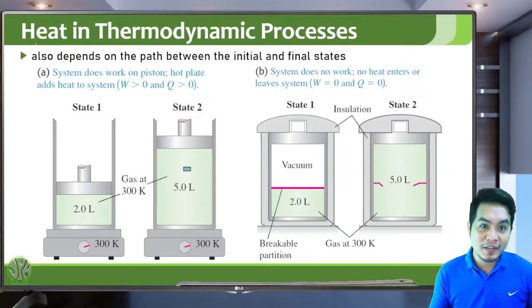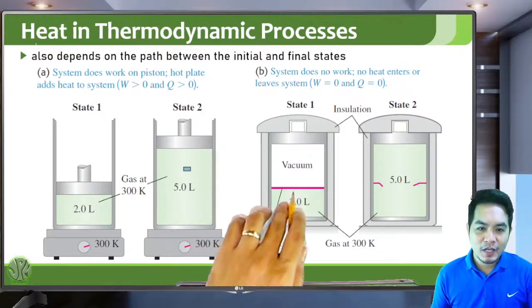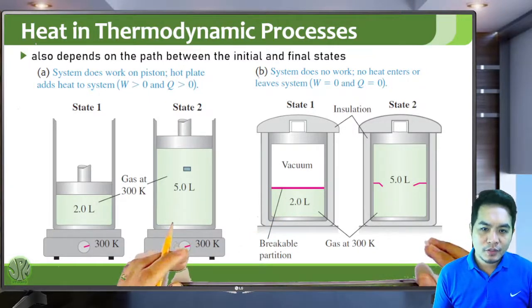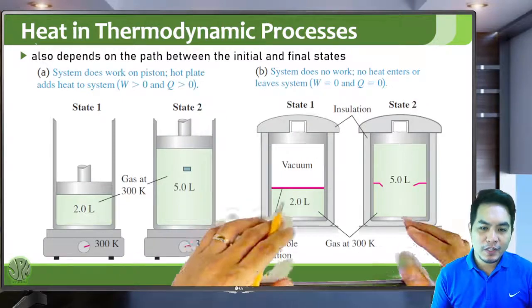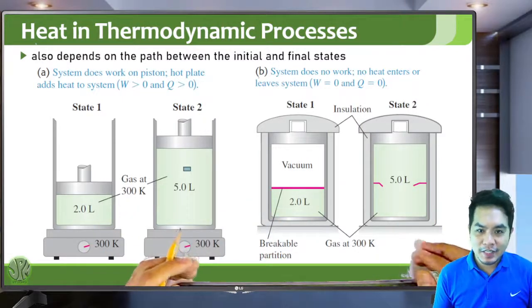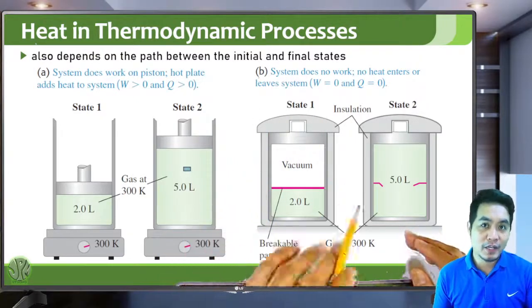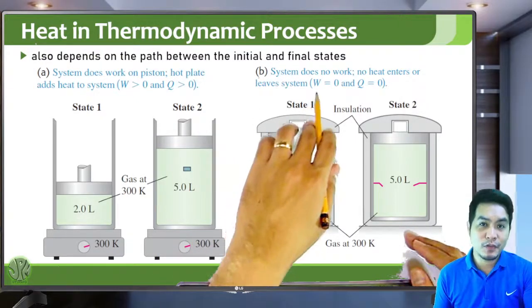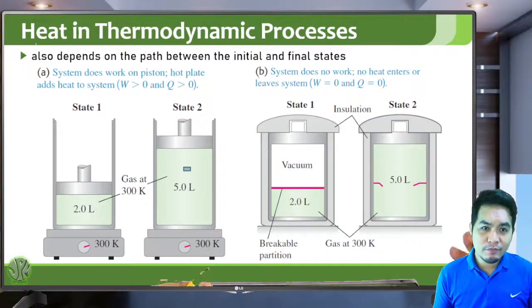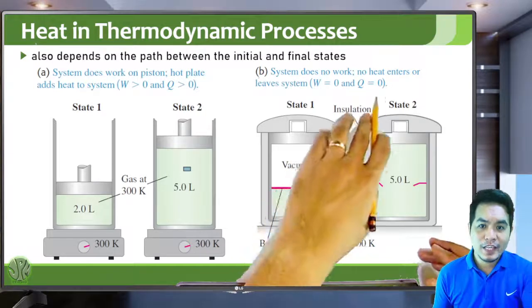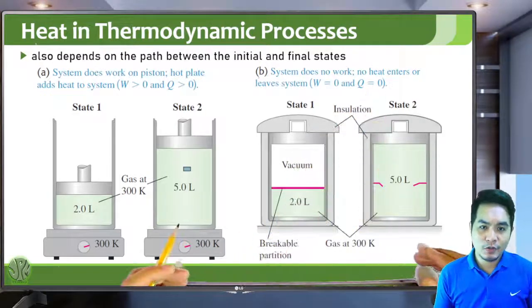There are no particles there, no air there. Now, when the partition breaks and the gas expands, there's no change in volume of the whole thermodynamic system. So there's no work, and the system also doesn't absorb or release any heat, so the heat Q is zero.